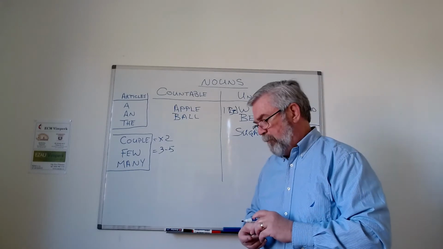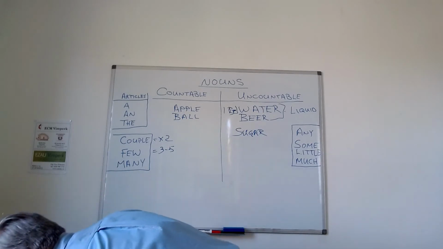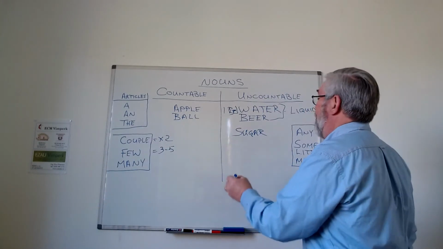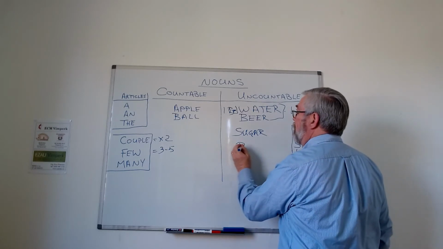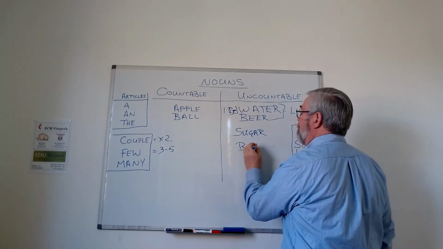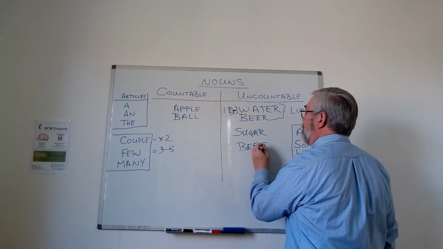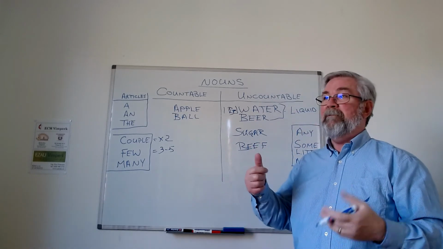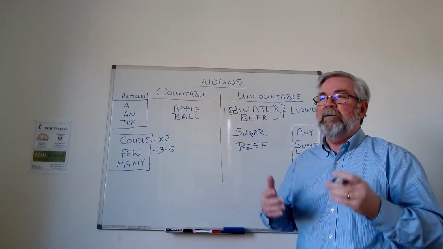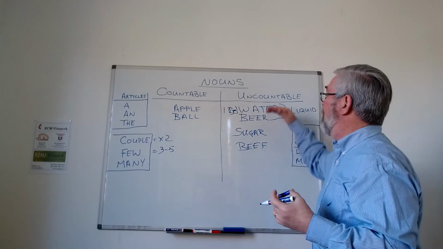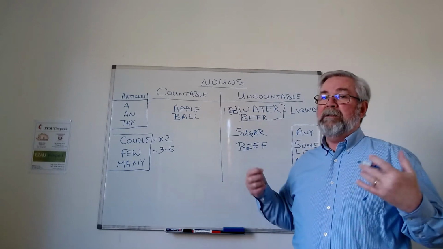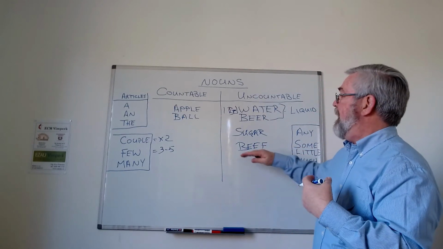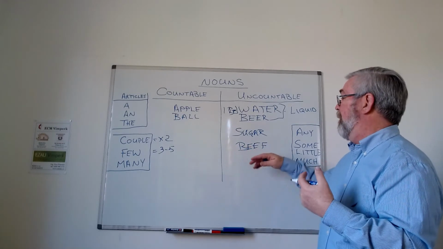Another example would be beef. Just saying beef. 1 beef. You can't say just 1 beef because it is uncountable. You can't say a beef, or the beef.